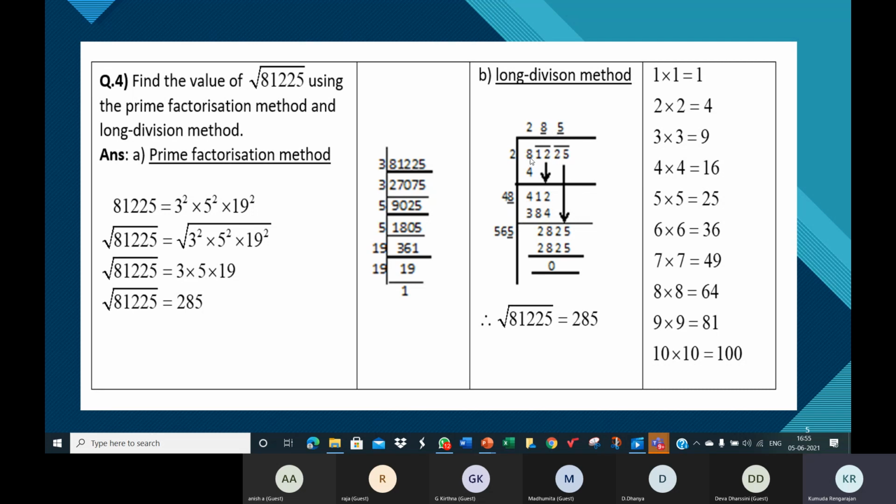That is, place 8, children. 48 into 8. 48 into 8 is 384. Try 49 into 9, children, all of you. Try 49 into 9.